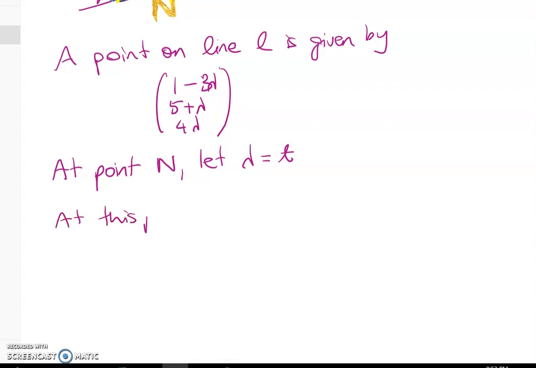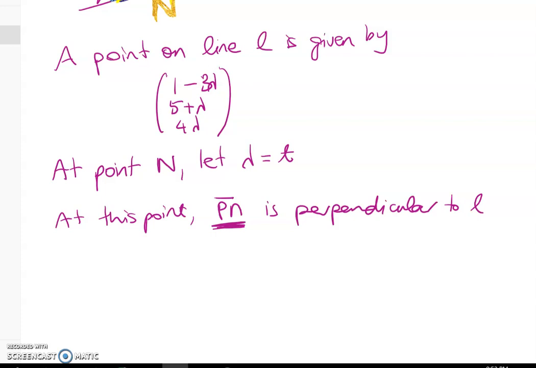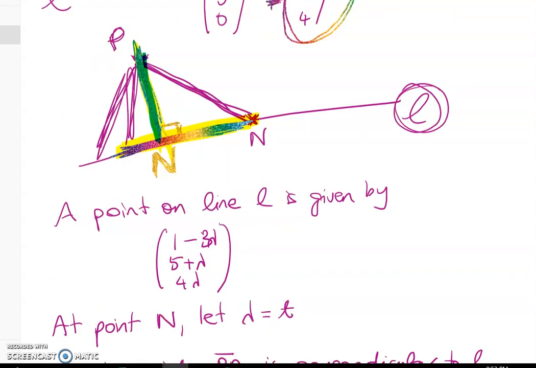And we want to have, so at this point, what do I want? Well, from P to N, I want that to be perpendicular to L. So I need to figure out what is this vector of going from P to N. Right now I can either do it as going from P to N, or I can do it as going from N to P. Right?